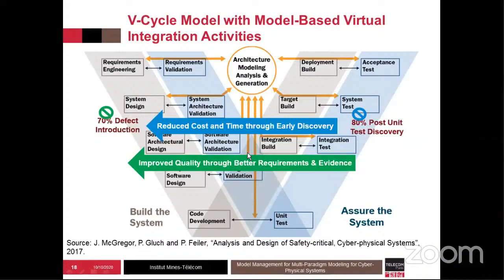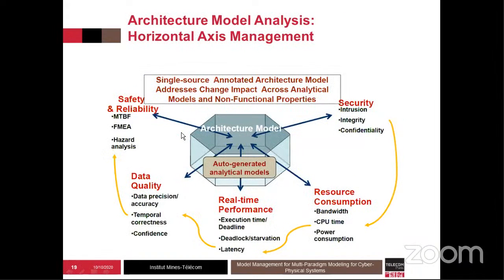And on the side, you do the same for the test. You also model basically the assurance case of the system so that you have evidence that your system does what it should do. And this allows to reduce these costs.